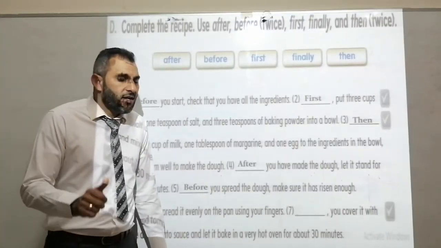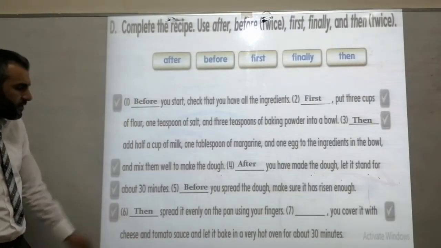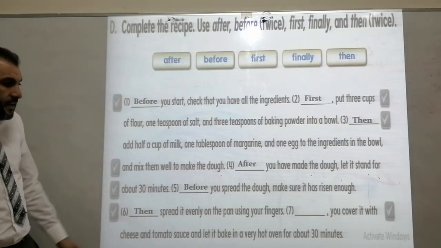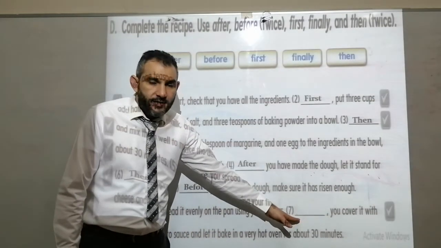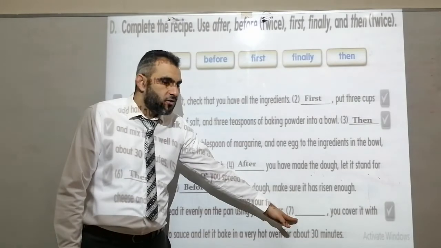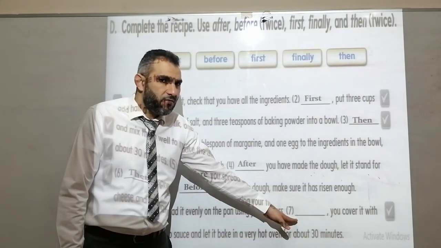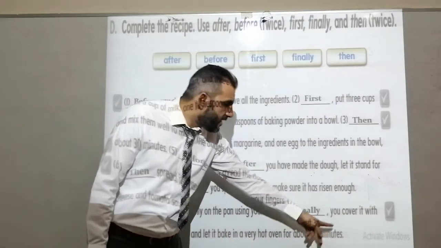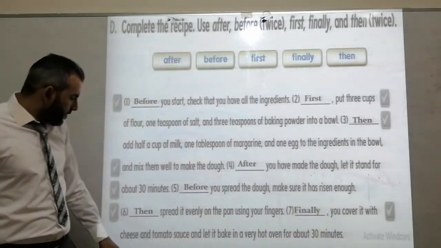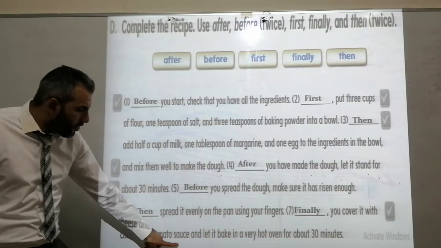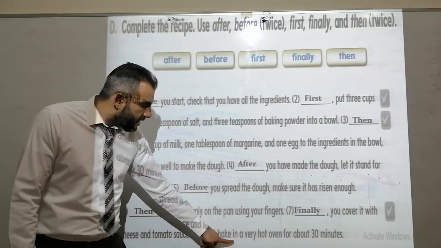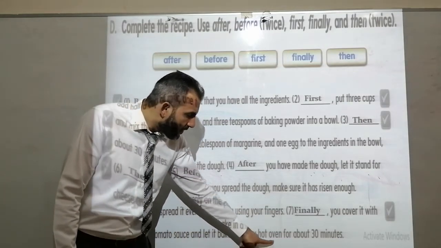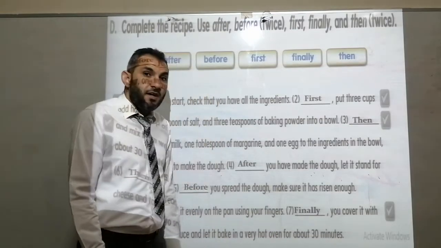So here we use, excellent, we use then. Then here is the last space at the end of paragraph. So we will choose what? First? No. Excellent. We use finally, you cover it with cheese and tomato sauce and let it bake in a very hot oven for about 30 minutes.